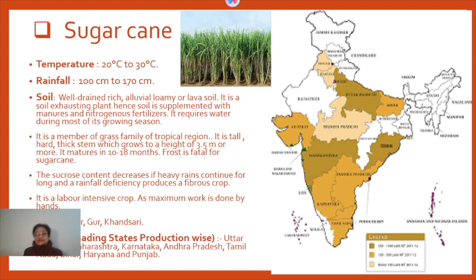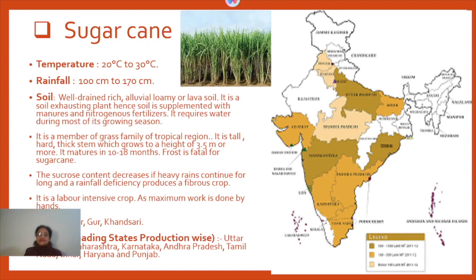Which are the leading states? The main states which produce sugarcane on a large scale include Uttar Pradesh, Maharashtra, Karnataka, Andhra, Tamil Nadu, then Punjab, Haryana, and to some extent Bihar also.